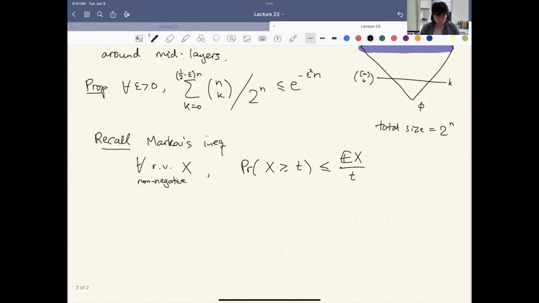We're going to prove the following Chernoff type concentration inequality, which bounds the following.